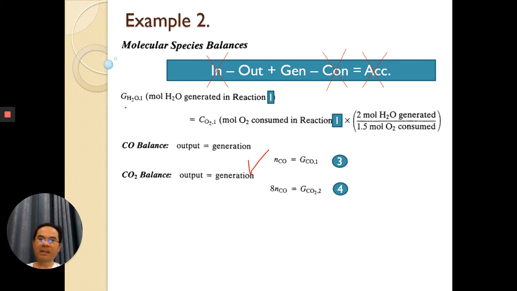Then you can calculate G water in equation 1, meaning the mole of water generated in reaction 1, which is equal to C O2, where C means consumption, meaning the mole of oxygen consumed in the first reaction. From this reaction, you know that 1.5 mole oxygen consumed equals 2 mole water generated.